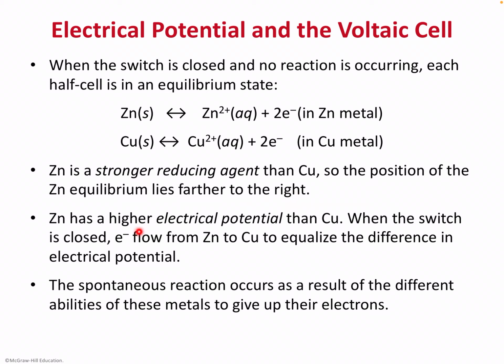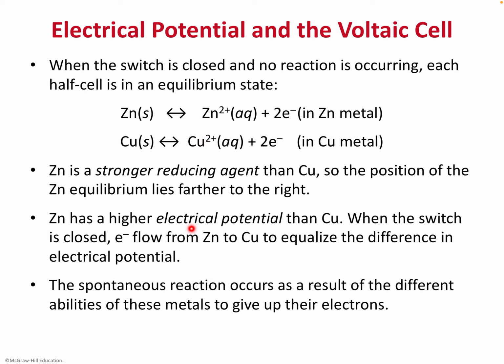Zinc has a higher electrical potential than copper. When the switch is closed, electrons flow from zinc to copper to equalize the difference in electrical potential. Not all the electrodes that we use are going to have the same electrode potential. They have differences. That is why there is electron flow taking place.